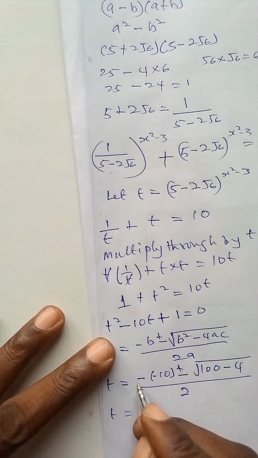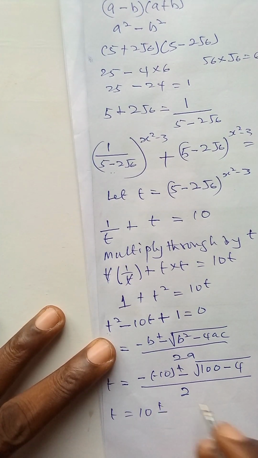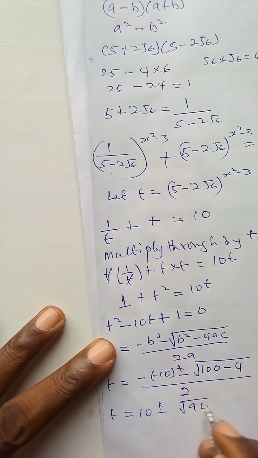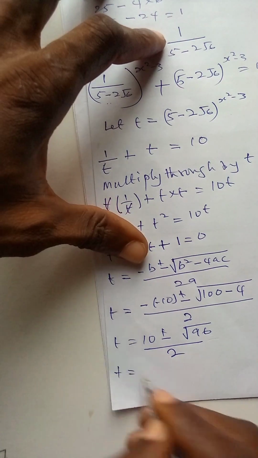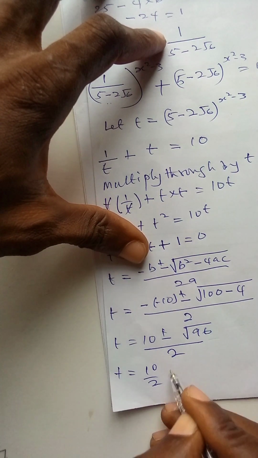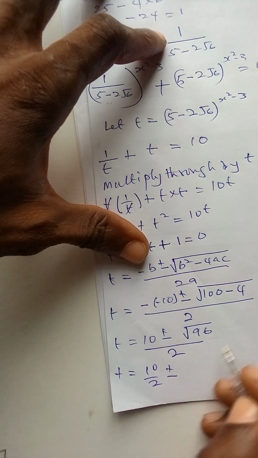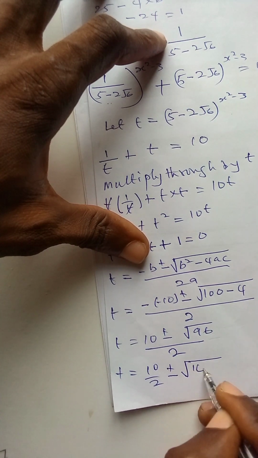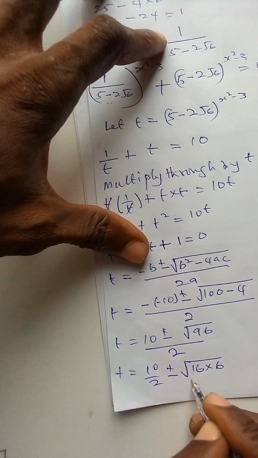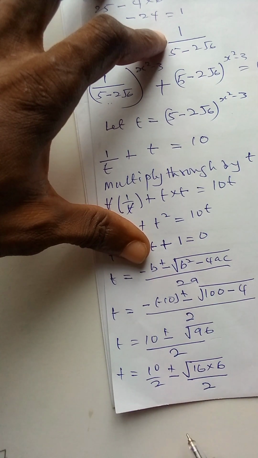t will now be minus times minus is 10, plus or minus √96, all over 2. So the t will become 10 over 2 plus or minus √96, 96 is 16 times 6. Yes, 16 times 6 is 96. Divide this by 2.